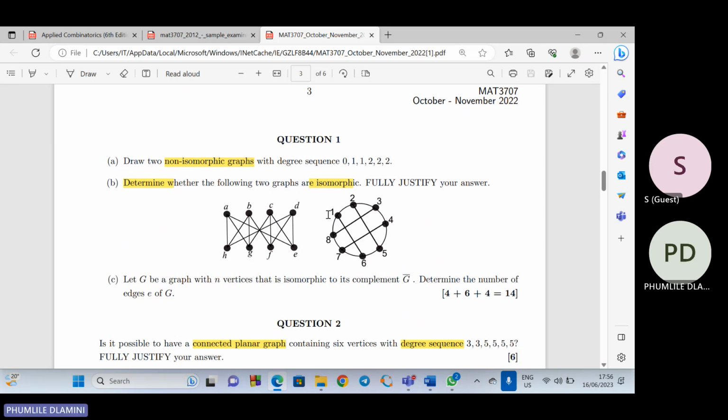You can see the vertices are the same; both have 8 vertices. Second, we check the degree. In this one it is 1, 2, 3, and in this one A is 1, 2, 3. Here there is a loop, and a loop you count as 2. So if we go to 1, you'll see it's 1, 2, 3. They both have degree 3.